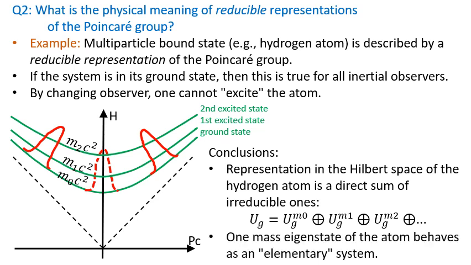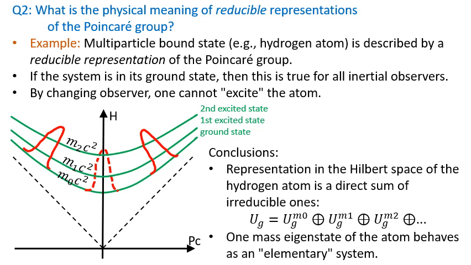We may also note that each mass eigenstate of the atom behaves as if it was an elementary particle. But the name elementary particle is reserved for very specific objects, so mass eigenstates of a multiparticle system would be more appropriately called elementary systems.